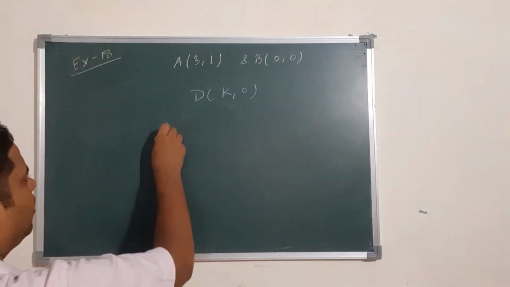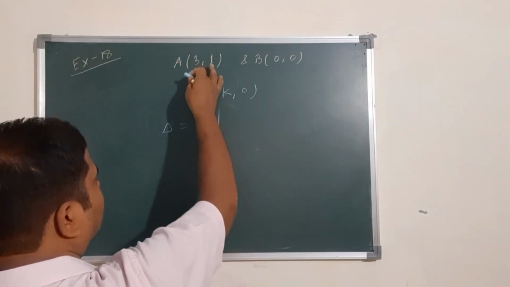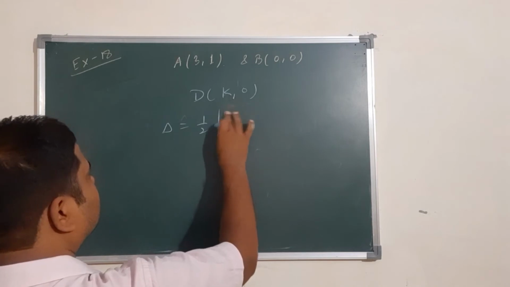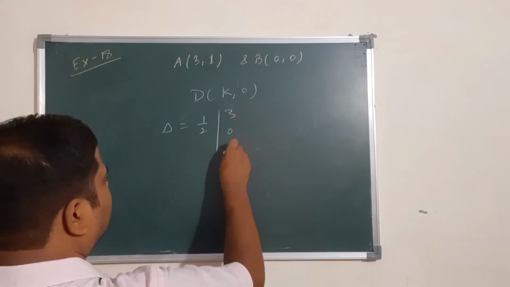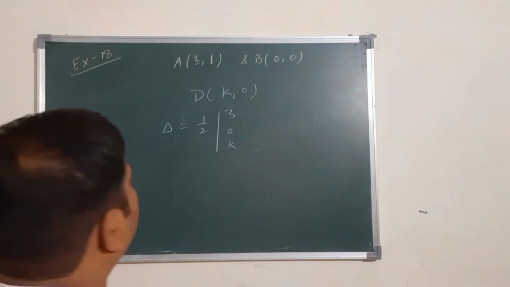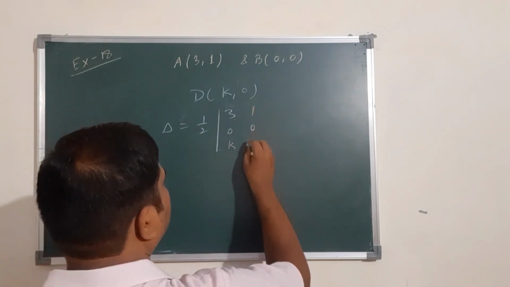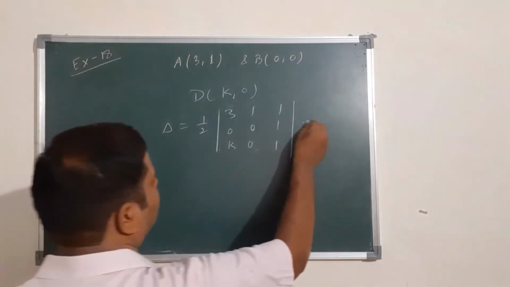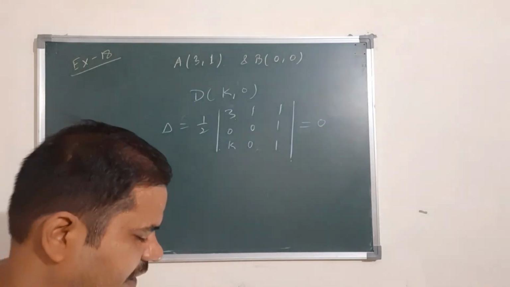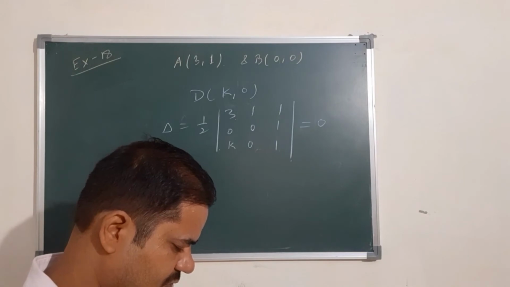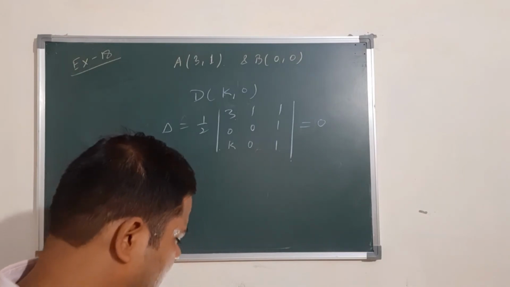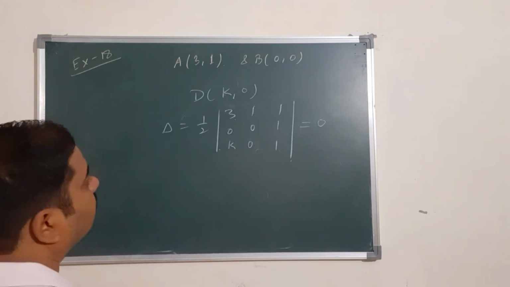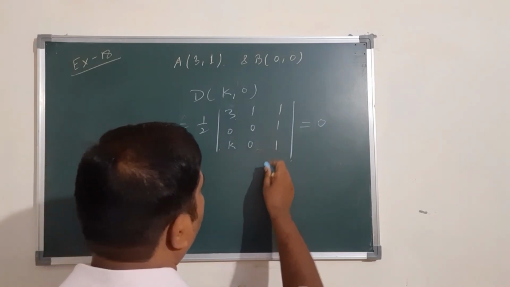Again, the area of this triangle is 1/2 times the determinant with rows 3, 1, 1; 0, 0, 1; k, 0, 1, and this must be 3.